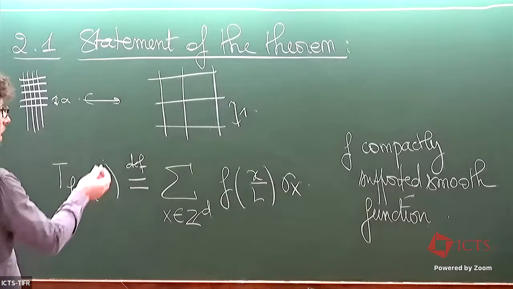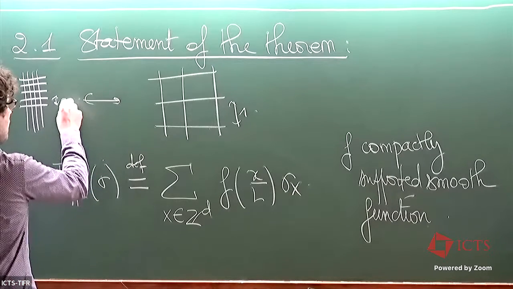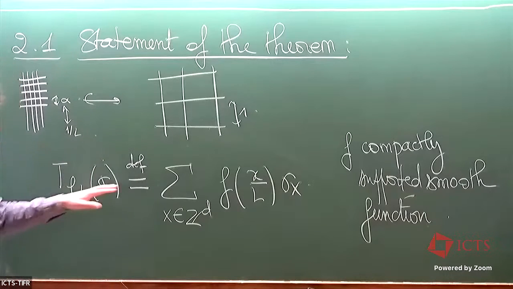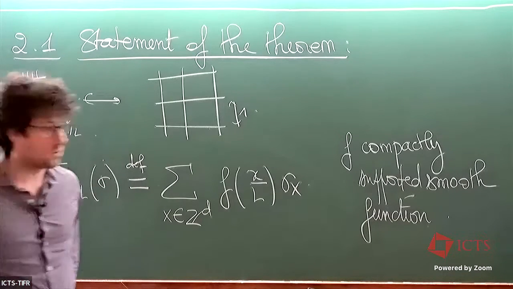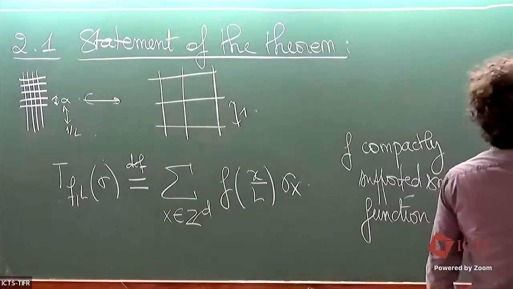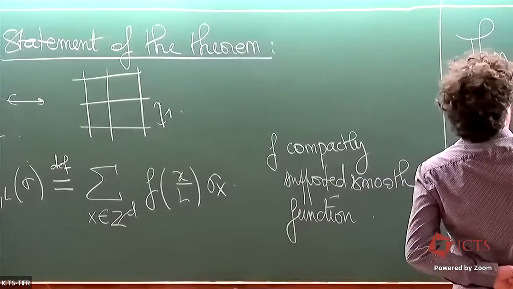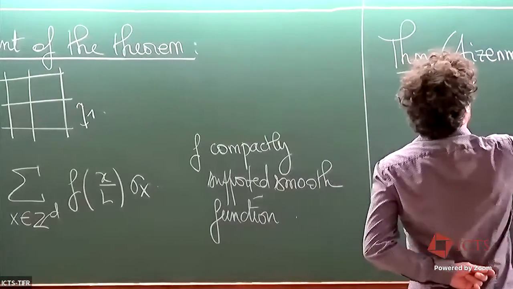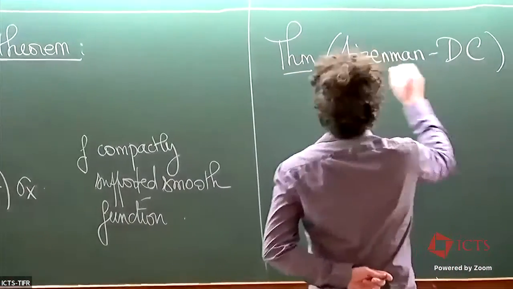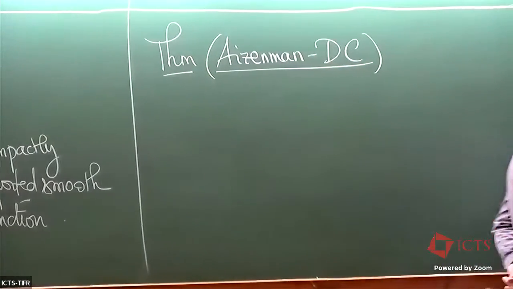So it's kind of a matching between a and 1 over L. But we don't renormalize. This is going to be just simpler in the notation. And the theorem, obtained together with Michael Aizenman a few years back, is saying the following.